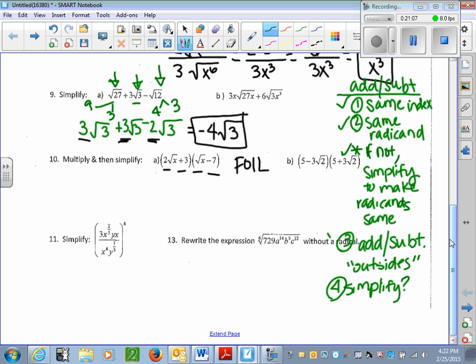The only little trick you have to remember is, like here in B, I have 2 binomials that look exactly the same, except that one binomial has a plus sign, and one binomial has a minus sign. Those, remember, are called conjugates.